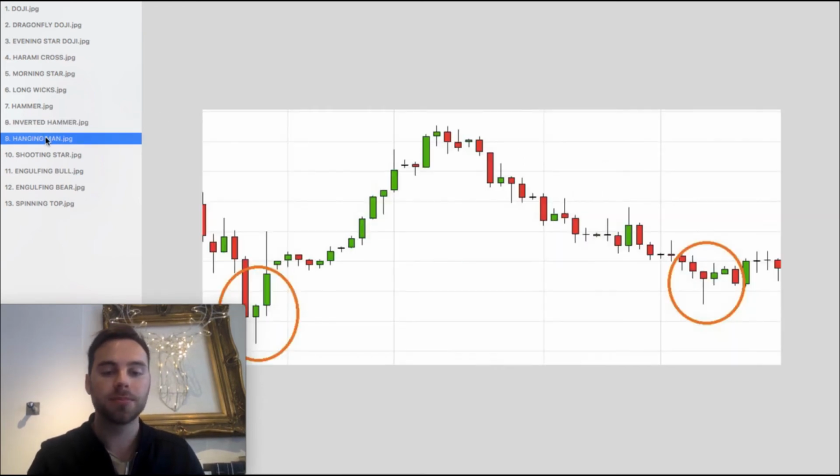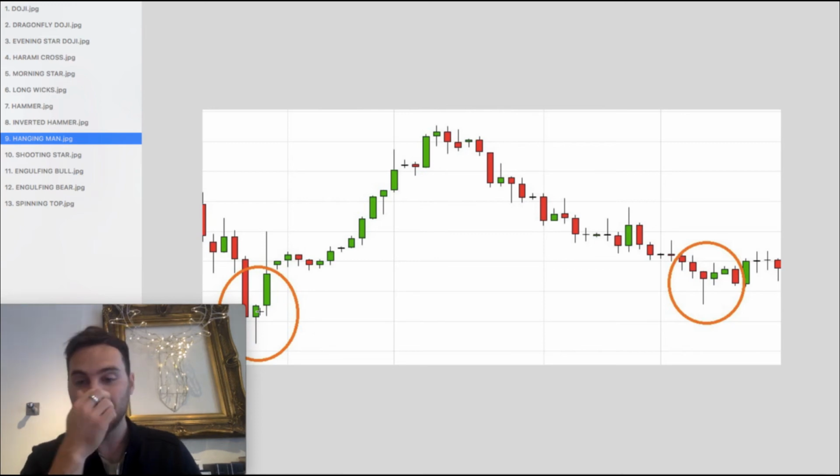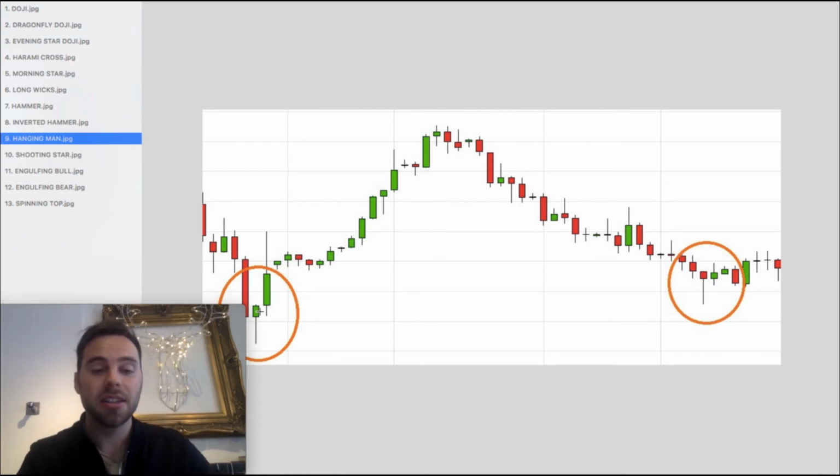Okay, now the hanging man. Now the hanging man is again a hammer in essence, but this one signifies a change in trend. So the hanging man here, as you can see, looks like a man that's hanging, basically, you know, it is what it is.